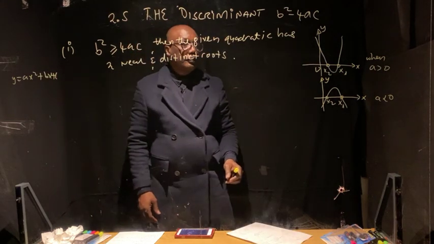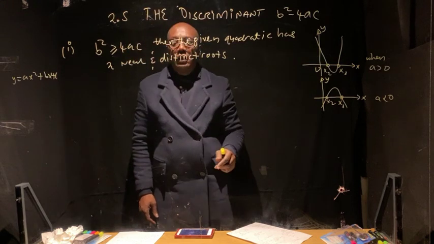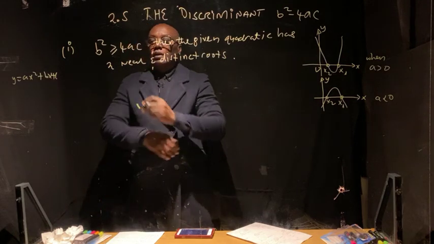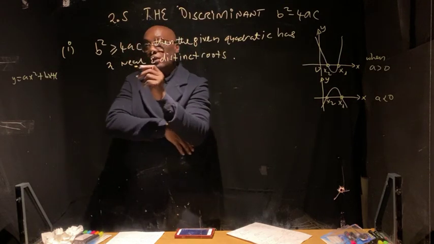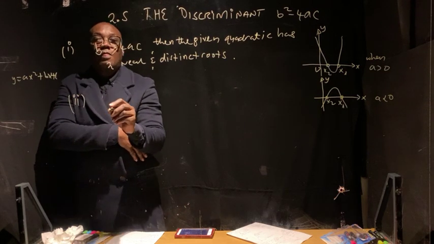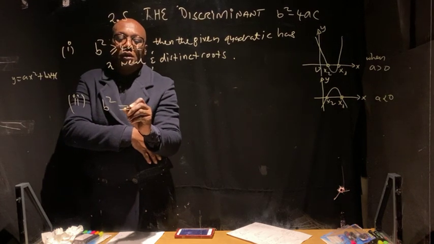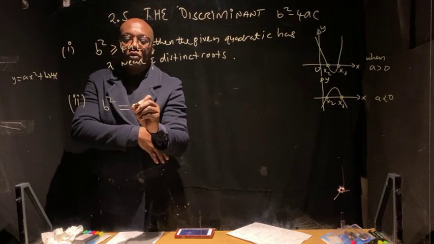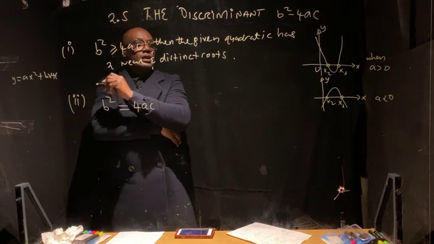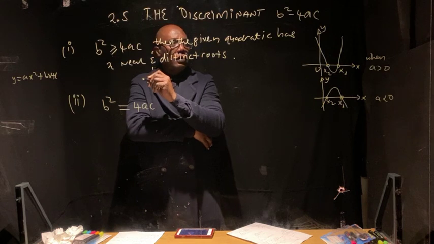Okay, that's for the first one. And the second one says that b squared is equal to 4ac. What does that mean?